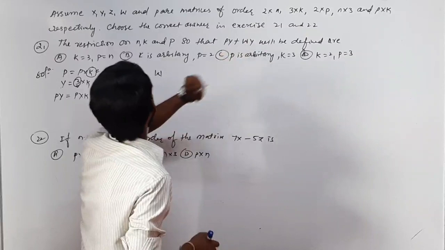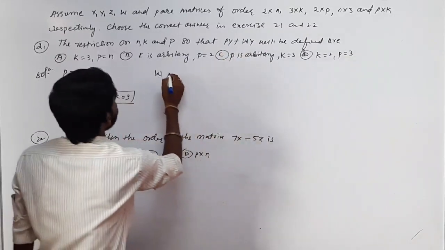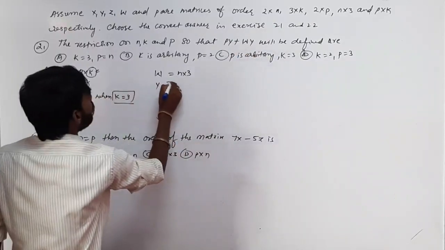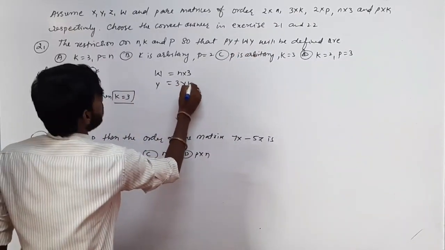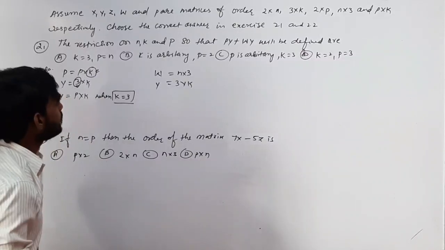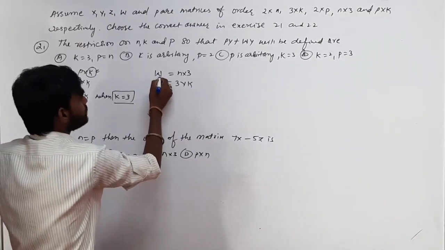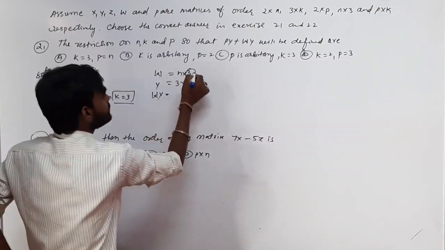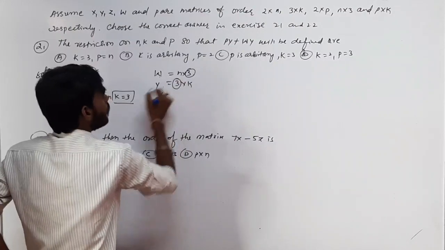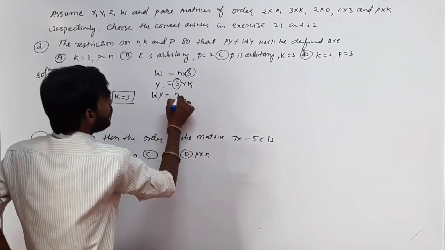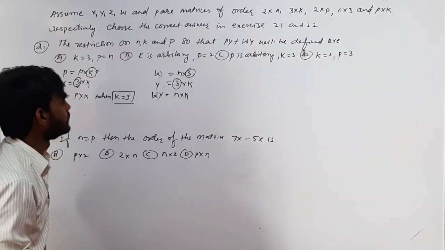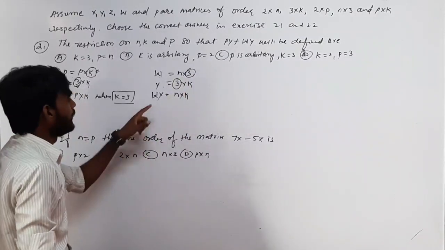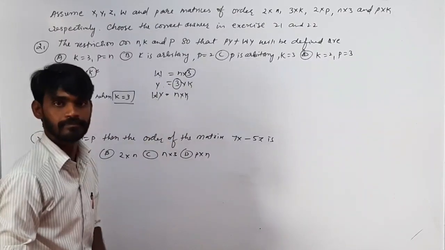So same thing, next we can take W. W matrix order will be N cross P, and Y, we already know, is 3 cross K. So in this matrix multiplication, W into Y, when the W matrix column and Y matrix row are equal, then the order will be N cross K. Right.